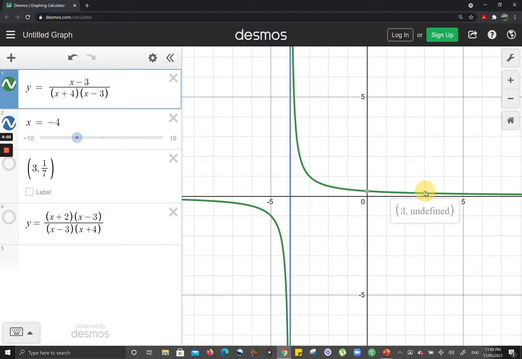It creates a gap because if x is equal to 3, the function is undefined. That is why it says x is 3 and y is undefined, because the value of 3 as x makes the function undefined.